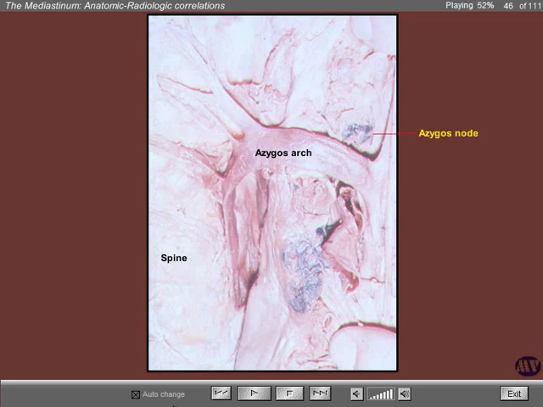This represents the anthracotic pigment in the azygos node. Also note the anatomic proximity between the azygos vein inferiorly and the azygos node superiorly. Below the arch of the azygos vein is the right main bronchus. And below the right main bronchus, we also see anthracotic pigment in subcarinal lymph nodes.